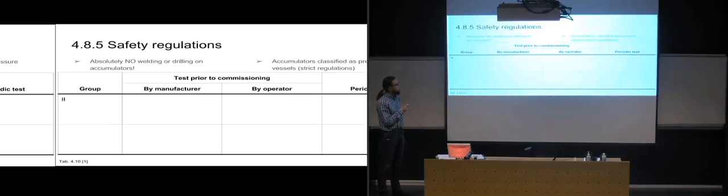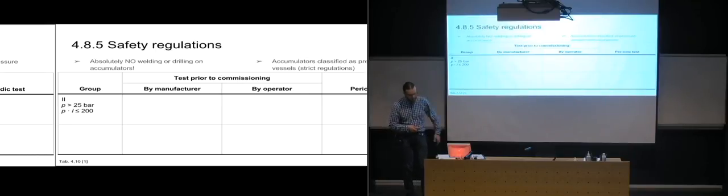So they are classified into groups, given numbers, so 1, 2, 3, stuff like that. In this one, we're going to look at group 2 and 3. For group 2, we have pressures that are greater than 25 bars, and we're going to have a pressure volume capacity that is less than 200, basically.